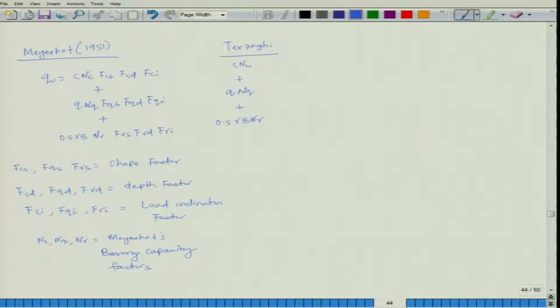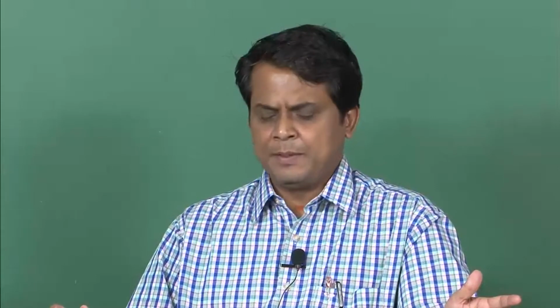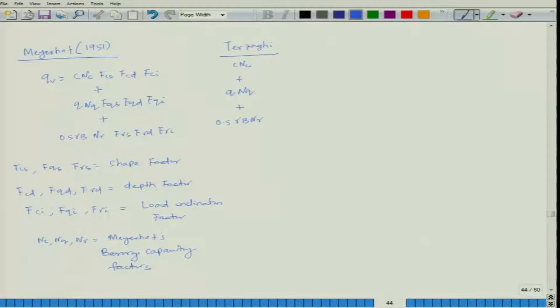So, if you go back to Terzaghi's, what they have given, only 3 shapes. Initially it is a strip, it has been modified to square, then rectangular or circular. Then the depth has been made up to a shallow depth. In this case, at any depth they say bearing capacity depth factor, then load inclination.